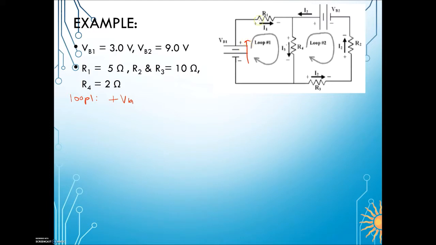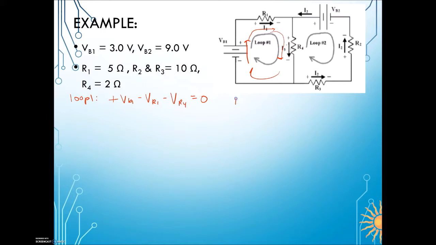As I continue across this loop, I am traveling in the same direction as I said current would flow, so that will be a negative voltage lost at R1. And as I go across R4, I'm still going in the direction that I said current would flow, so that's a negative voltage at R4. Then I get back to my battery, so that has to equal 0.